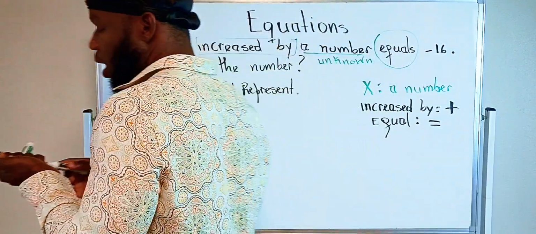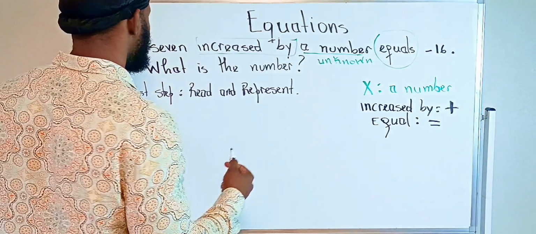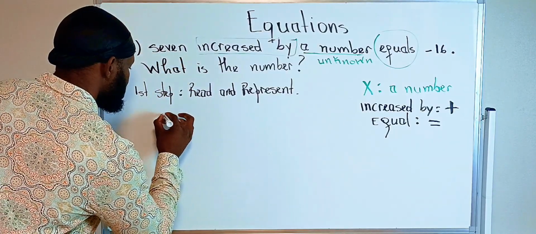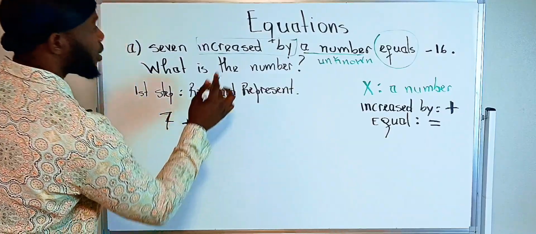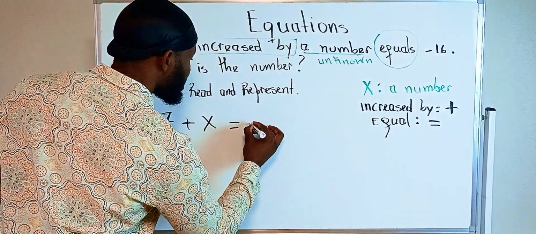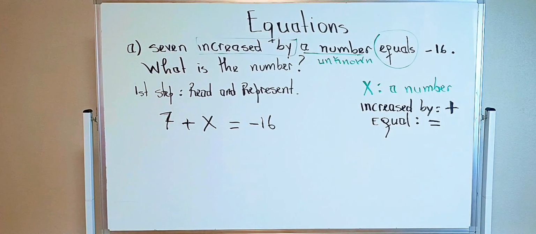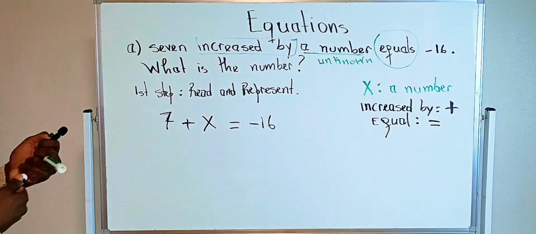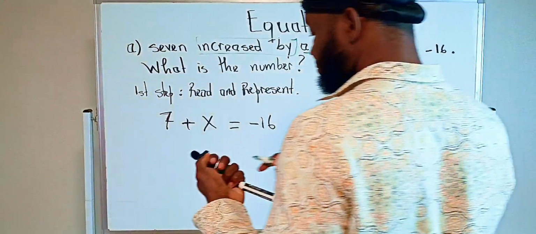After reading and representing, you just have to write and solve the equation. Let's write our equation: 7 increased by, which means addition, a number, which means a variable, equals, which means the equal sign, negative 16. Now let's solve.